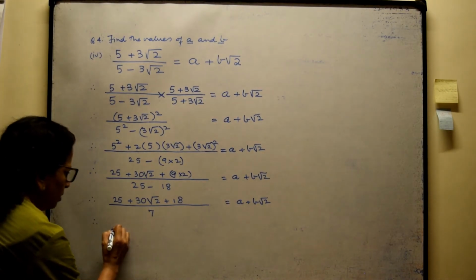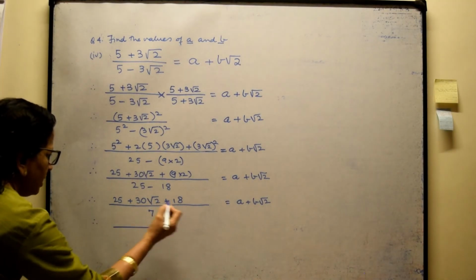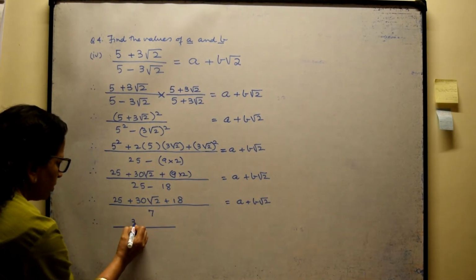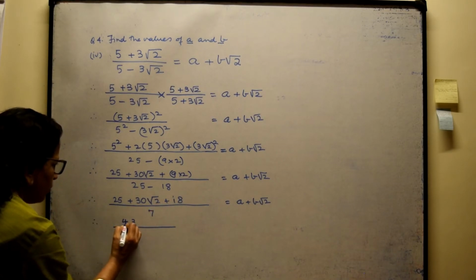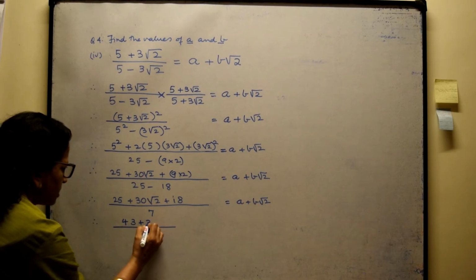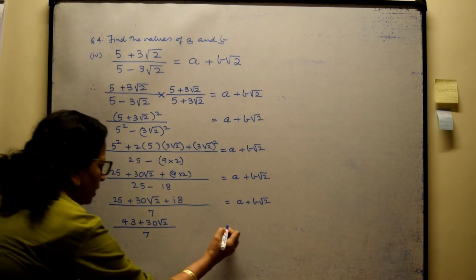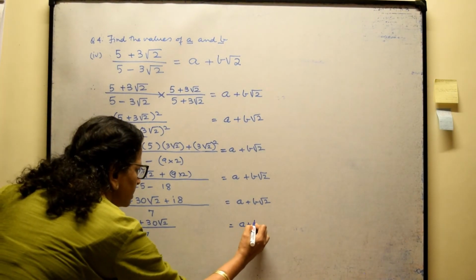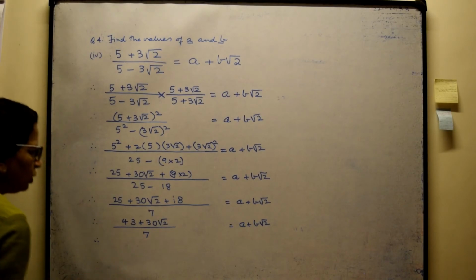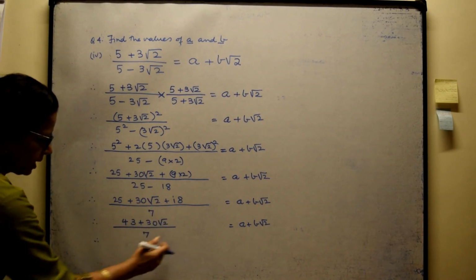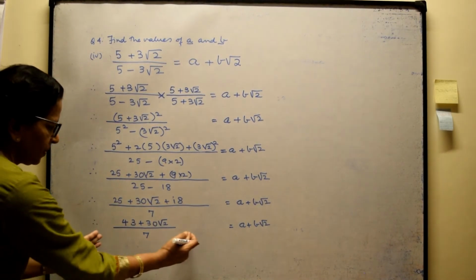In the numerator, we will take the numbers 25 and 18 and we'll add 5 and 8 is 13, carry 1, and then 2 and 1 gives you 4, so 43 plus 30 root 2 upon 7, and that gives us a plus b root 2. Out here now you will see that this looks like one term, but here we have two terms, so we'll have to split this.